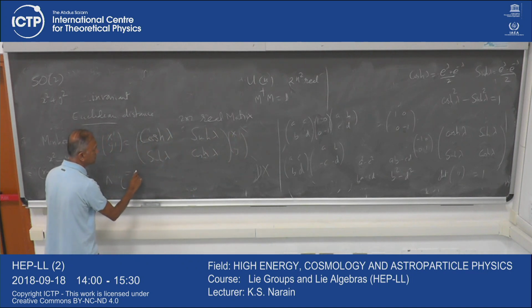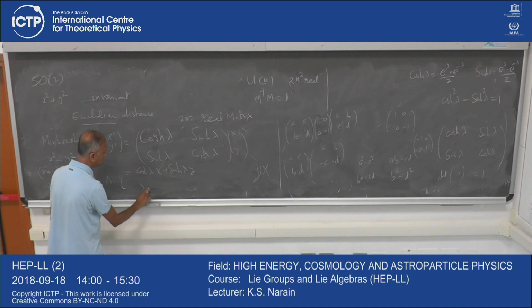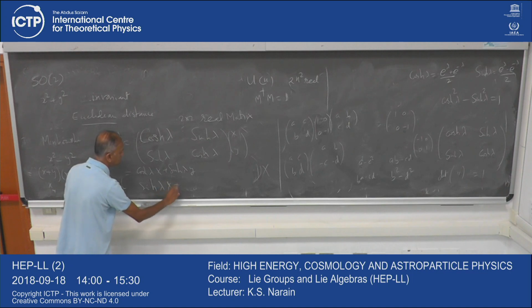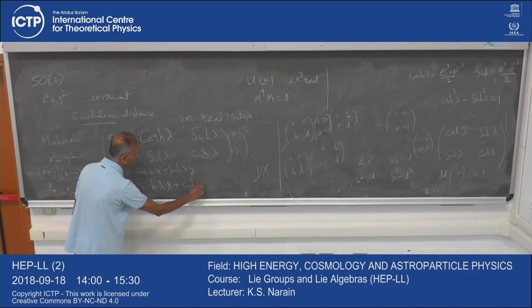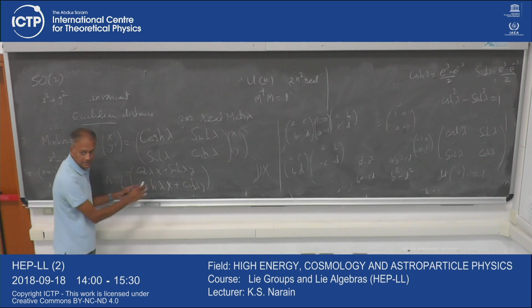This is the same as cosh lambda x plus sinh lambda y, and here you get sinh lambda x plus cosh lambda y. So x prime is that, and y prime is this.